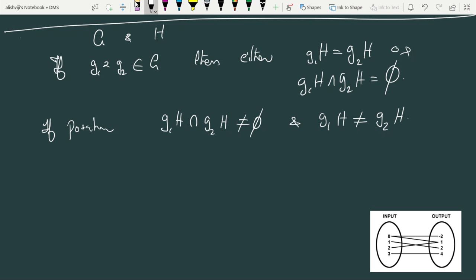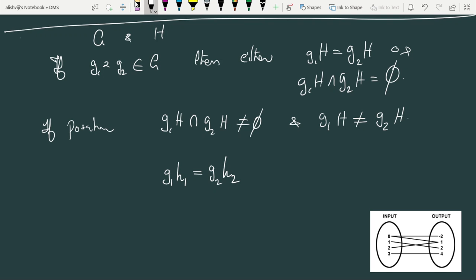That is, we assume that if possible, the two left cosets are not the same, but the intersection contains some elements. So let's consider one among the common elements, and that can be written as G1 into some H1 since it belongs to G1H, and since it belongs to G2H, it can be written as G2 into some H2, where H1 and H2 belong to capital H.